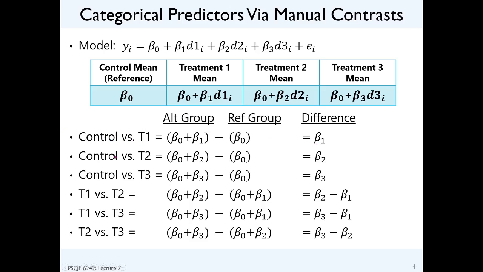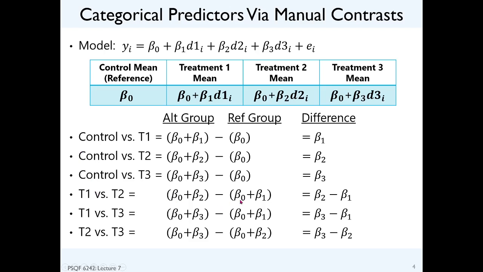The other two treatment groups versus control are given in a similar fashion, just swapping out how their means are given to us by the model parameters. The remaining 3 are the differences among the non-reference groups, and those are given by the model just indirectly. So in this case, beta 0 plus beta 2 is how we get the mean for treatment group 2.